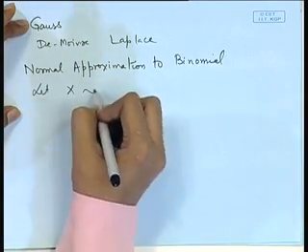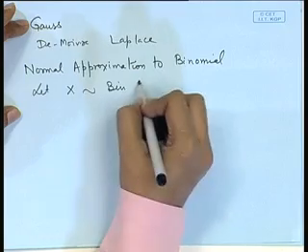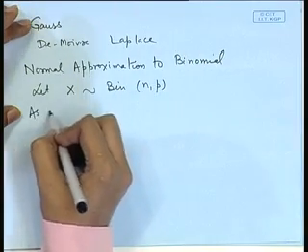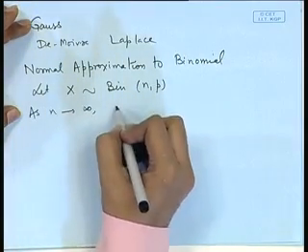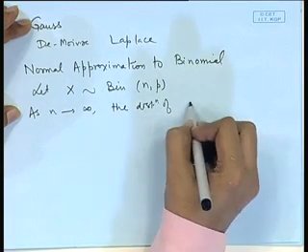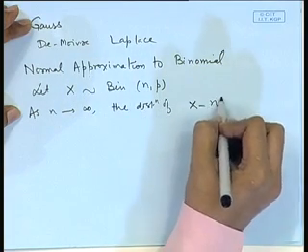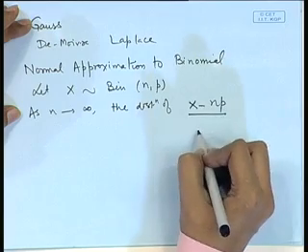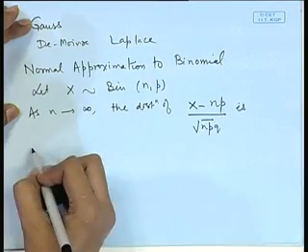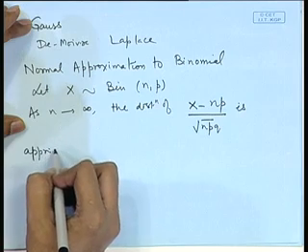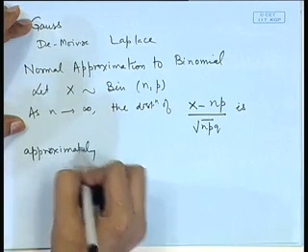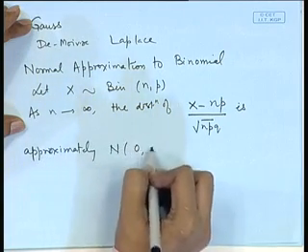Let x follow binomial n, p. As n tends to infinity, the distribution of x minus n p divided by root n p q is approximately normal 0, 1.